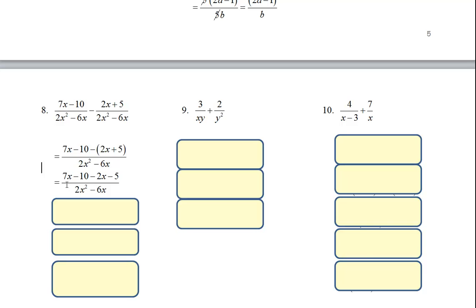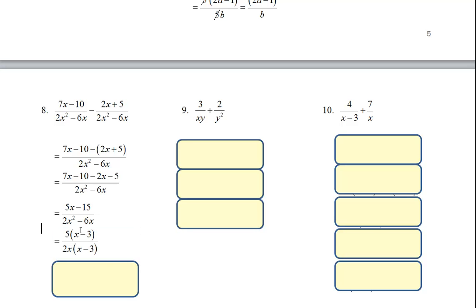That would give me what? 5x minus 15. So factor again. Pull out a 5 here, and looks like a 2x on that one. Notice that I've got common factors back here that can cancel, and you should end up with 5 over 2x.